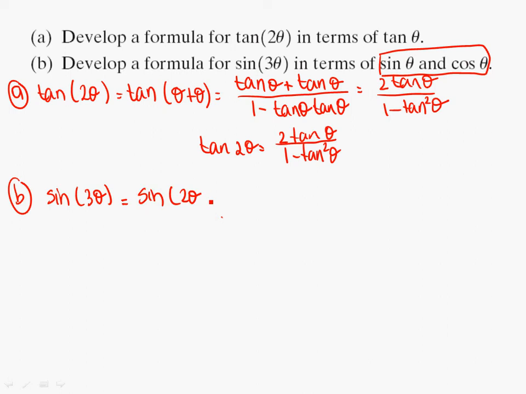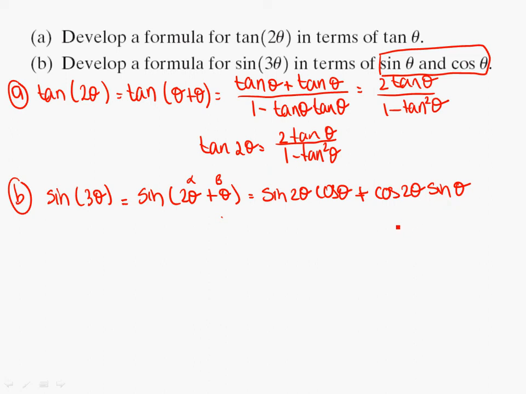Can I split 3 theta this way? 2 theta plus theta? And that's alpha and that's beta, right? Yes? So it'll be the sine of 2 theta and then the cosine of theta plus cosine of 2 theta and then sine of theta. Are we okay with that?